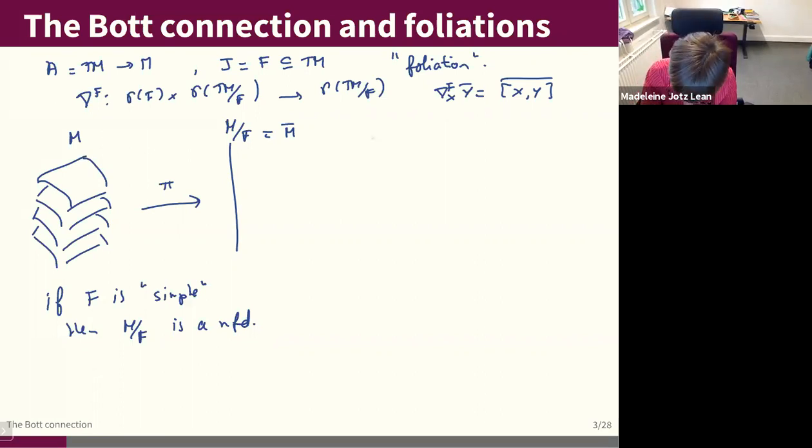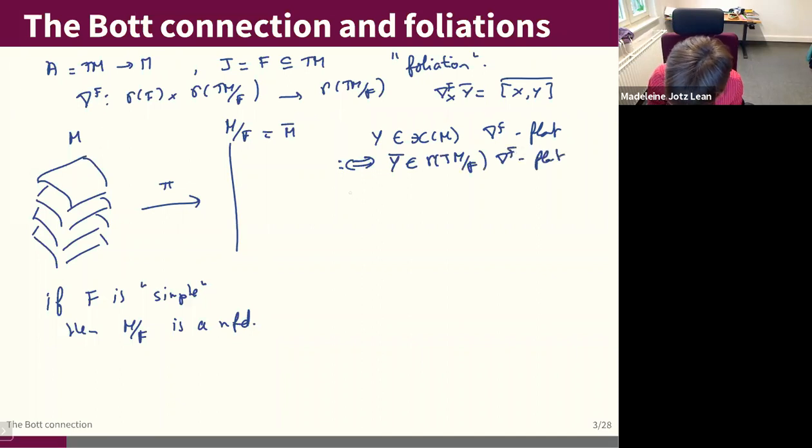So let's take Y, a vector field on M, that is nabla-F flat. You might say, again, there's a little abuse of notation. Actually, it's the class of Y in TM mod F, which I can ask to be flat, but it's okay to just say that Y is nabla flat.